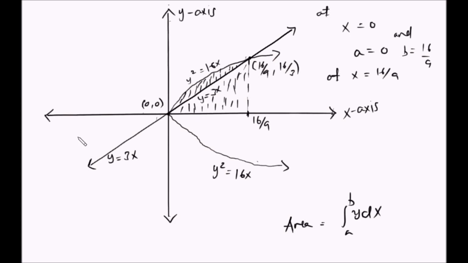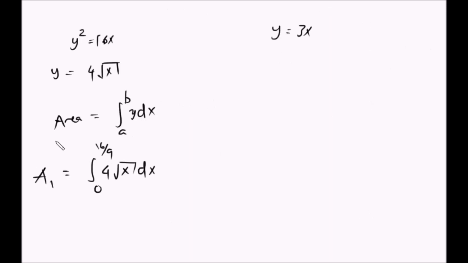Lakini sasa nikichukua pale kwenye formula yangu pale, hii formula yangu hii, fanye A2 sasa, from 0 to 16/9. Pale kwenye y sasa niweke hii 3x dx. Hii area nitakayopata sasa itakuwa ni nini?